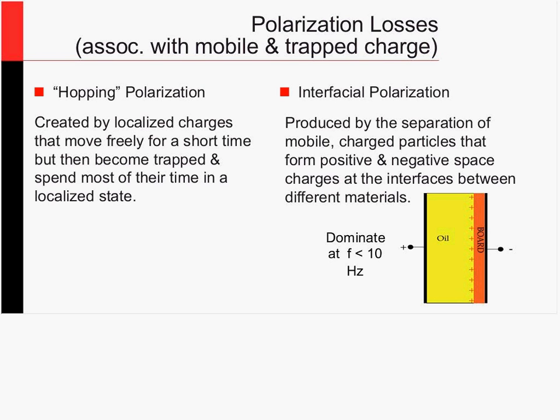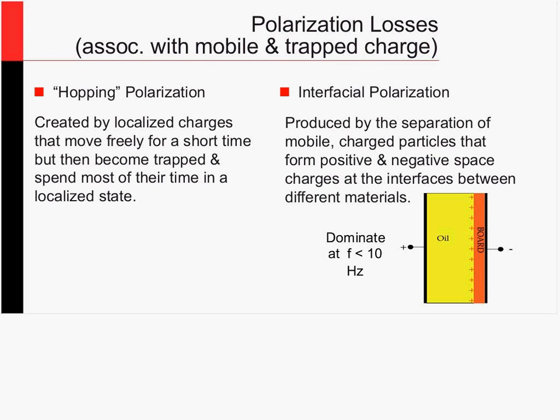So in this diagram, you see that the positive charge in the oil would be migrating towards the negative applied field, while negative charge in the pressboard material would be moving to the left towards the positive applied field. So they meet together and form a barrier, so to speak, which then any kind of mobile charge or conductivity that would occur between these otherwise might have the path changed and so forth.